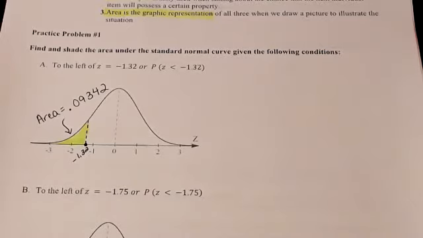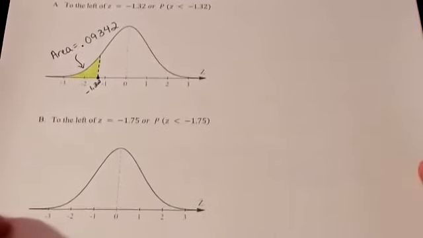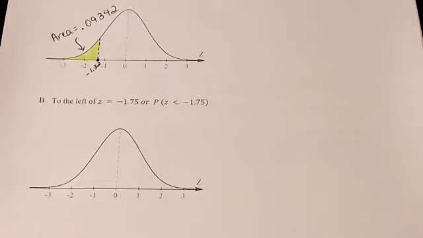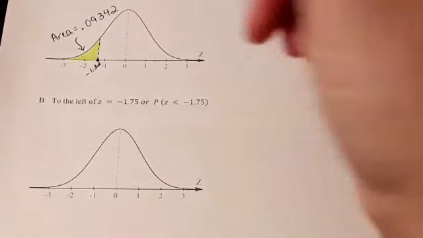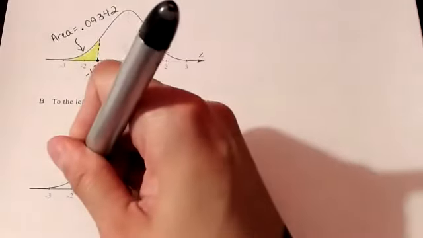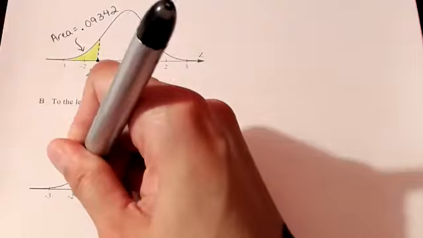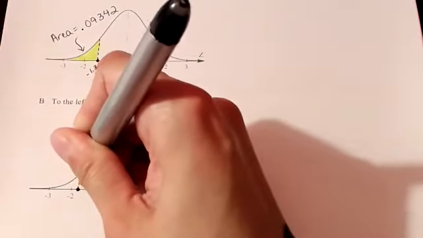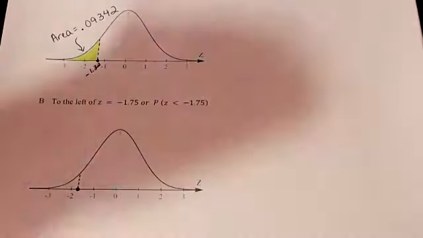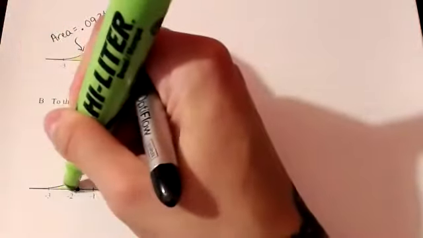Let's do it again. Let's find the area to the left of a z-score of negative 1.75. So same thing. We're going to plot that point, negative 1.75. That's approximately here. We're going to draw the dotted line up. We want the area to the left. So let's go ahead and shade that region in.